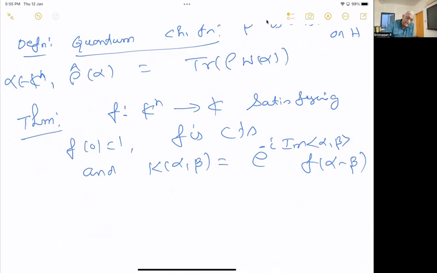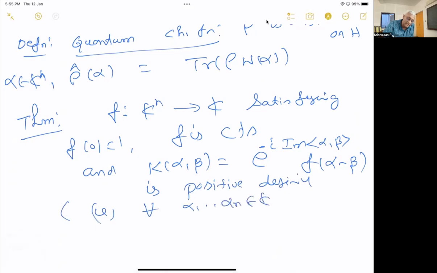Okay, is positive definite. And so for two variables I will write, that is, for all alpha 1 up to alpha n in C^n, and c1 up to cn in C. Please don't mind, sometimes we have fixed the n for our Hilbert space, but I may be using n somewhere else, but that n is different.